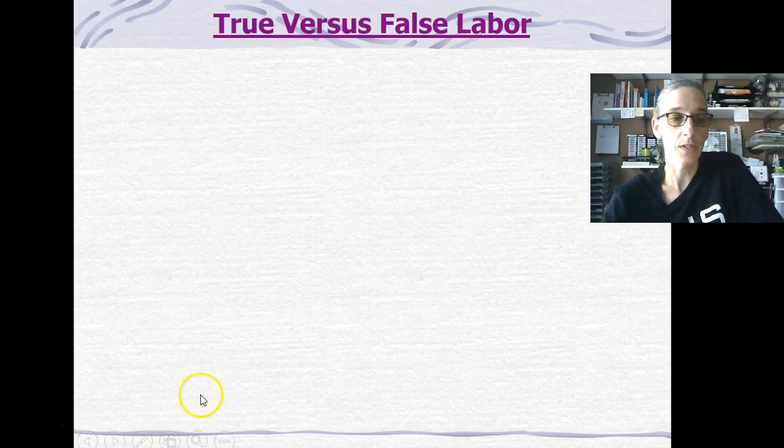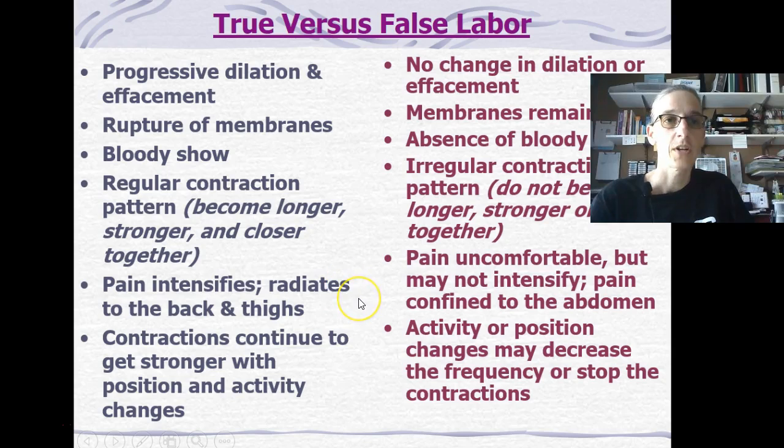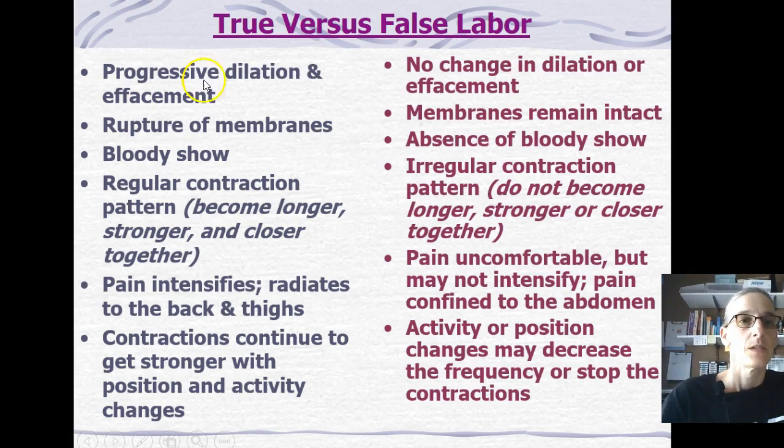All right, true versus false labor. Okay, so we've got in here, well, if I can get the mouse to work, progressive dilatation and effacement. These are true labor over here on this side. These are going to be false labor symptoms over here on the other side. Okay, so progressive dilatation and effacement. Over here on false labor, we've got no change in dilatation.